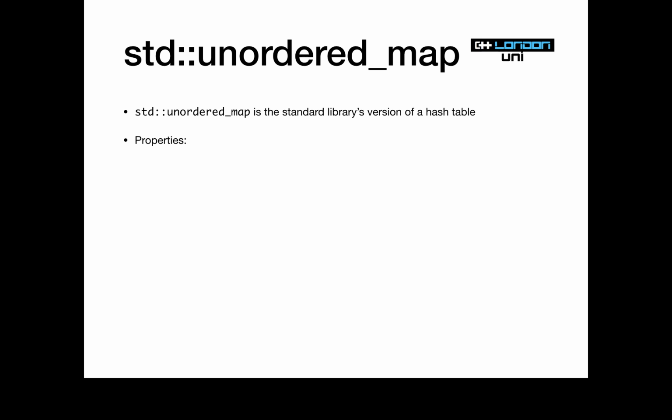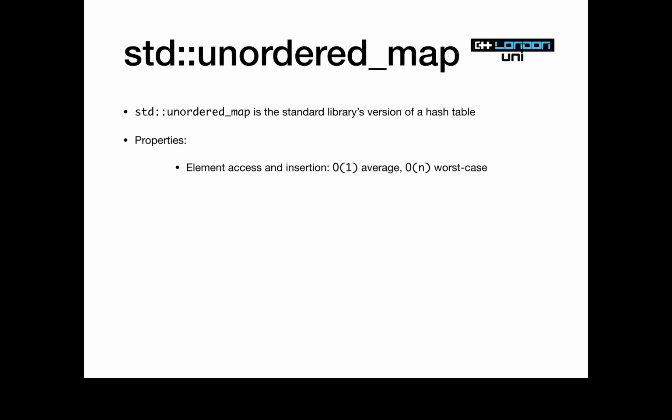So an unordered map is very, very much like an ordered map. The program interface is almost exactly the same. But it has very slightly different trade-offs. So for a map, element access is in logarithmic time.